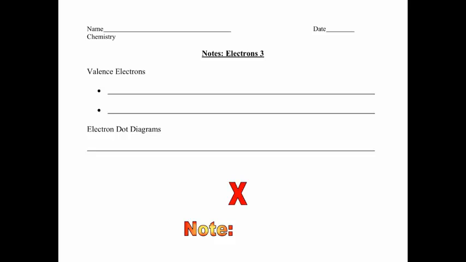Those outermost electrons we call the valence electrons. So let's go ahead and define those. These are the outermost electrons. These are the electrons that are furthest from the nucleus.